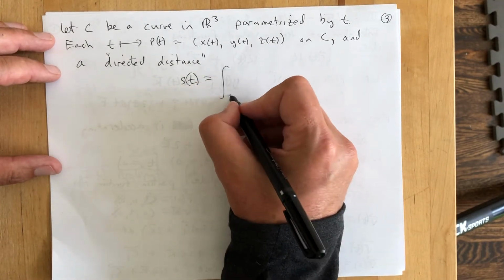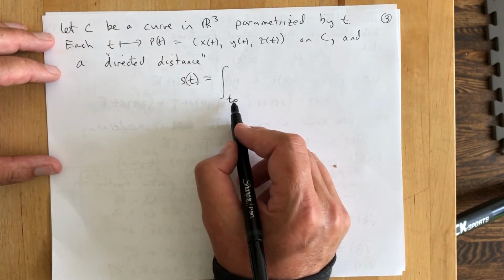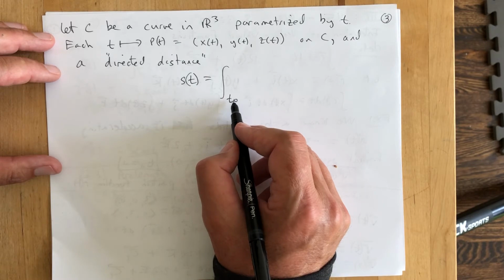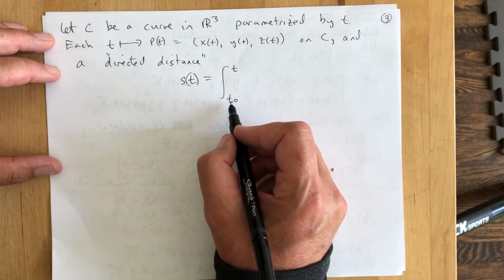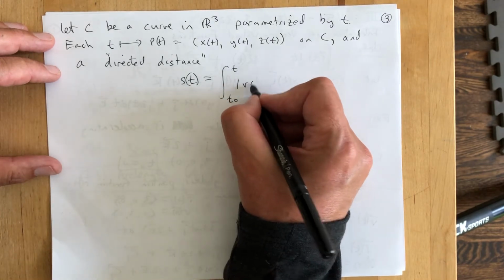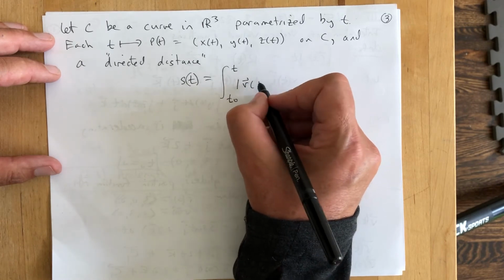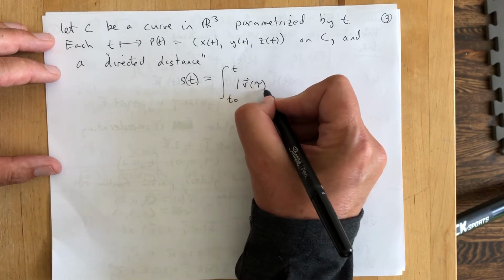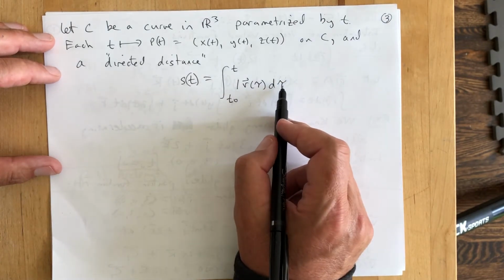Here t naught is the starting point of the parametric interval of the curve we're looking at. So we start at t naught, go to t, and plug into this vector v, using a dummy variable, call it tau, and integrate with respect to tau.